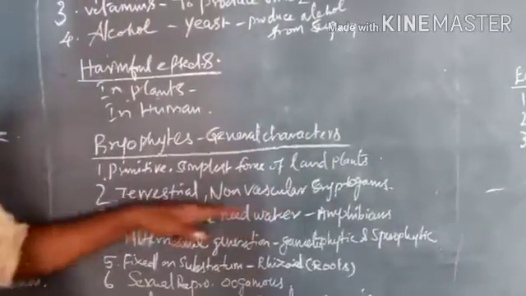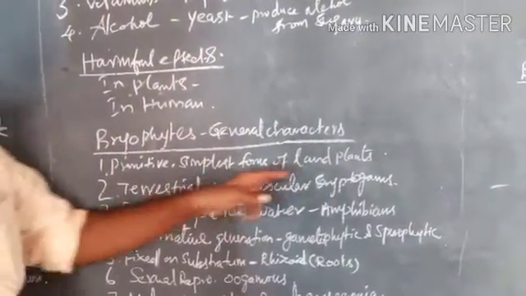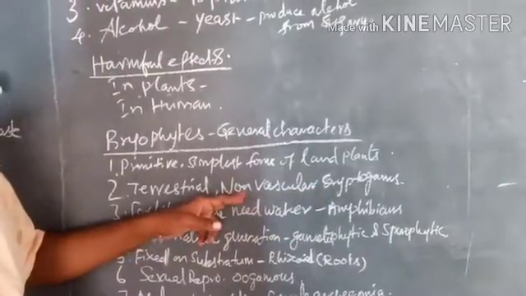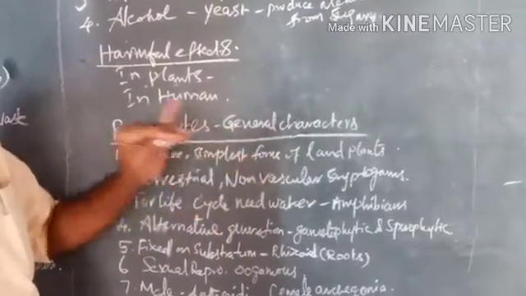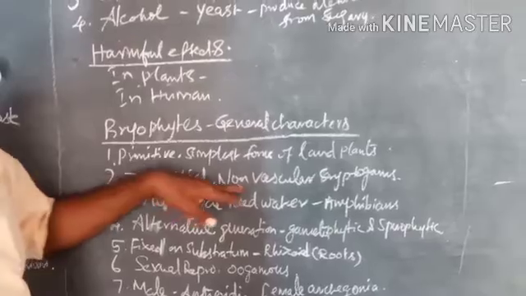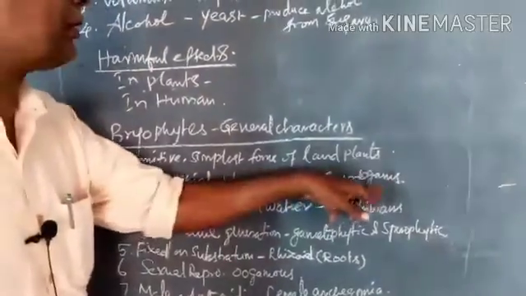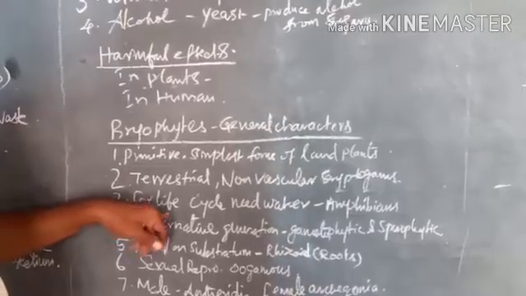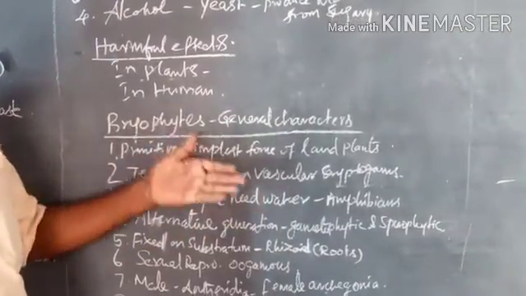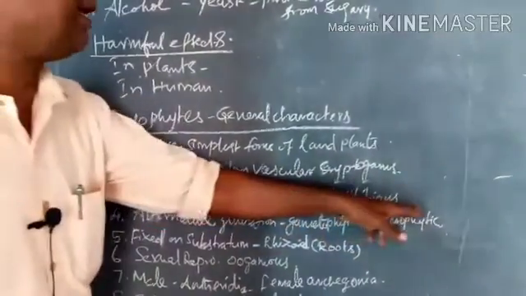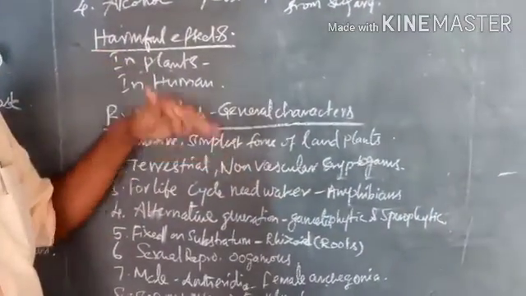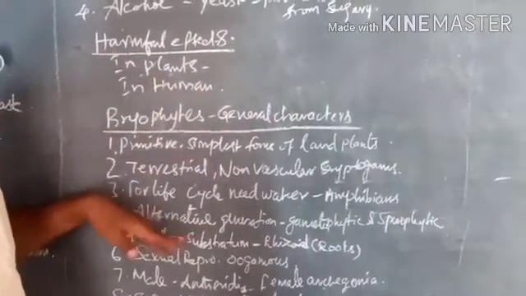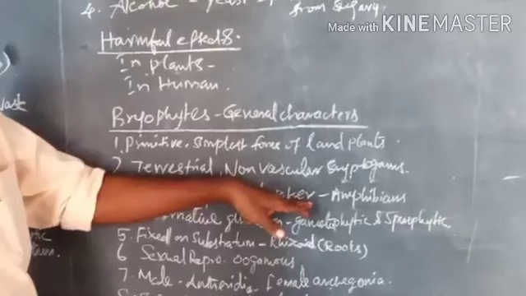Non-vascular means no xylem and phloem; they are completely absent. For their life cycle they need water, so they are called amphibians. They live on land and in water because they need water for reproduction.